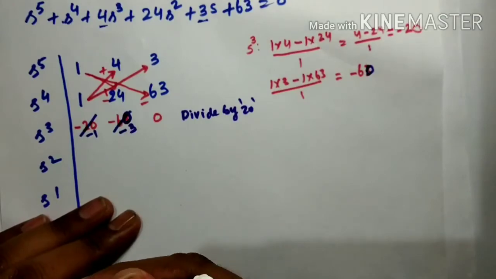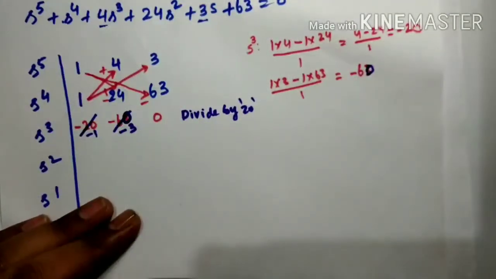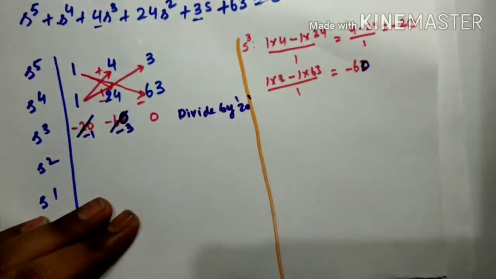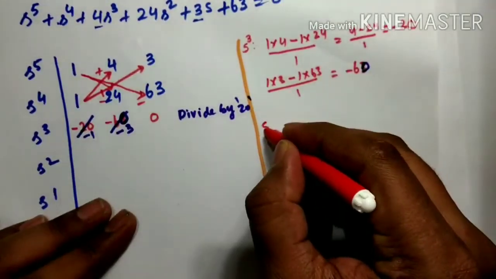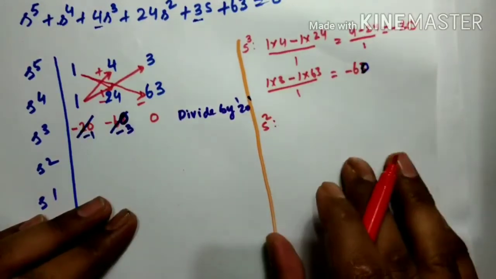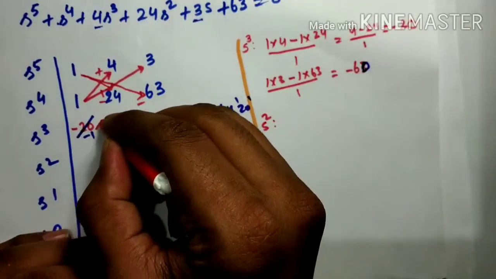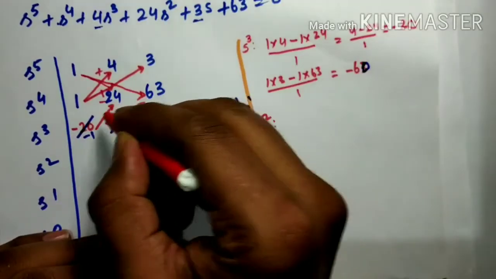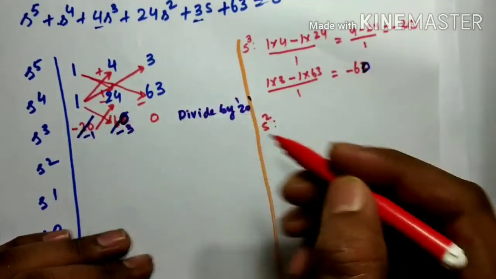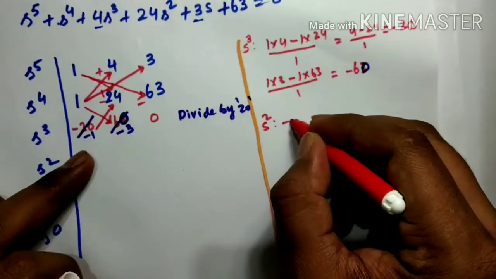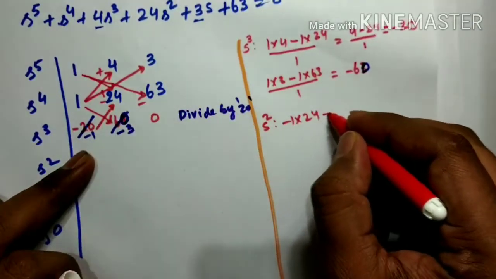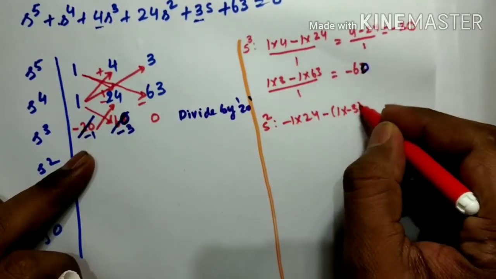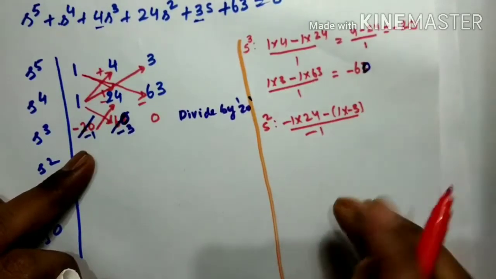So now we will find the s square coefficients. How to find them? Minus 1 into 24, and 1 into minus 3. As per the formula, minus is already there, so 1 into minus 3, and you have to divide by minus 1, right?